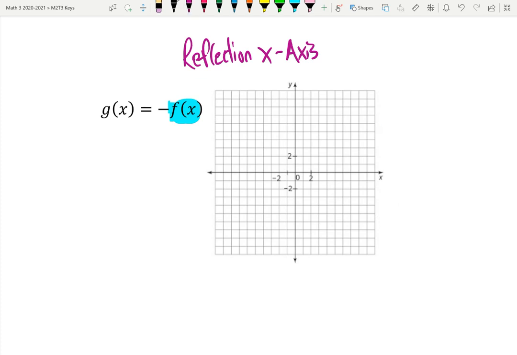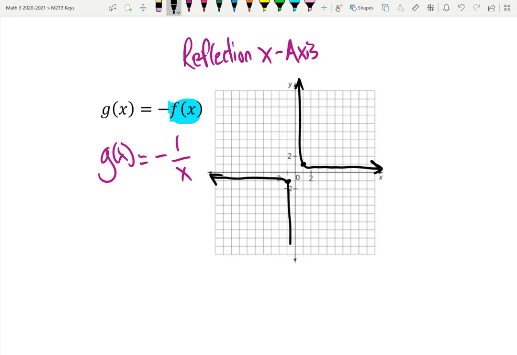What it would look like if I were to graph it is g of x equals -1 over x. I start off by graphing my critical points, looking at my original function. And what I'm going to do is reflect it over the axis. A reflection is the same distance.